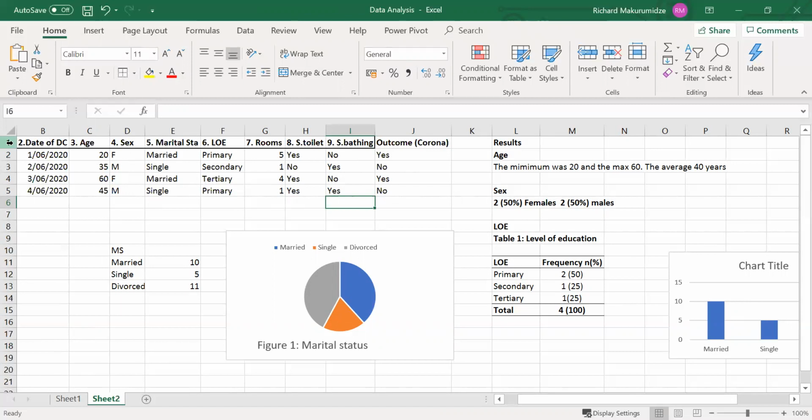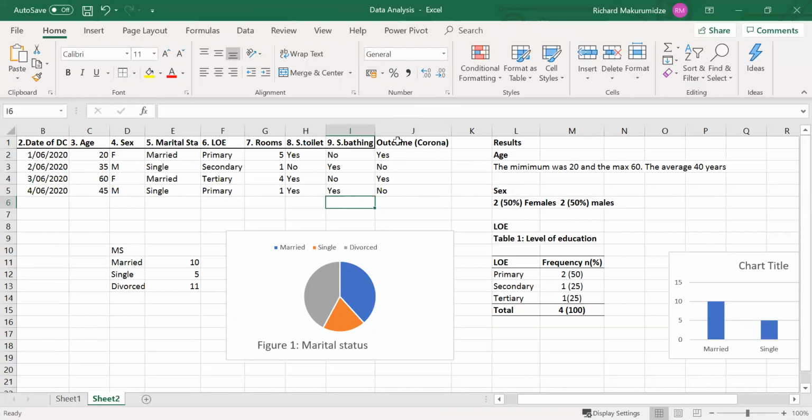That's the whole purpose why we do research. We want to describe who is likely to get an outcome, who is likely to get treatment failure. Or we're comparing who is likely to get poor adherence: are those who are married or those who are single? Which means you need to analyze your outcome, which is corona.